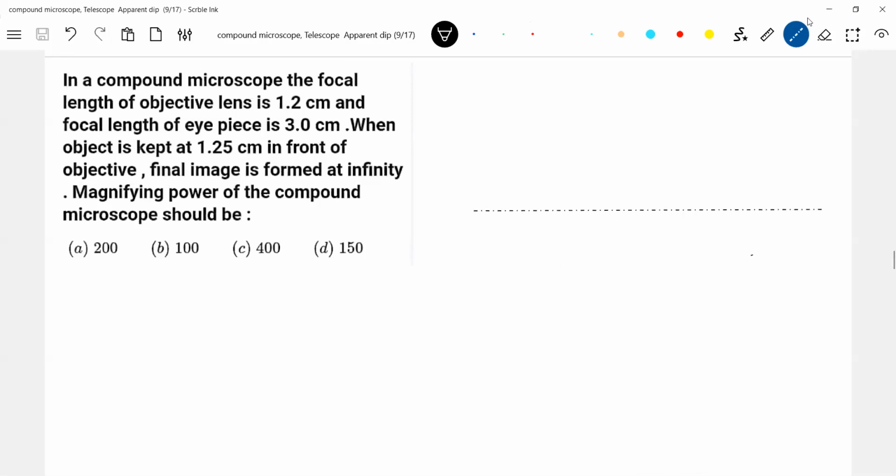This is the objective lens, f0, you write it. This is the eyepiece. The object is kept here, h0. It is at what distance? 1.25 centimeter. It will form an intermediate image I1, and the final image is at infinity.